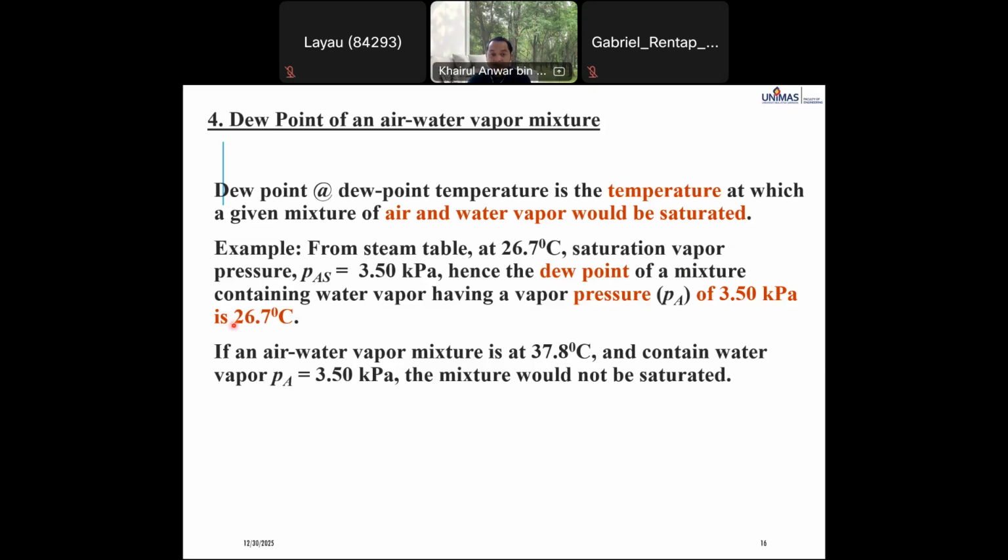Hence, the dew point of a mixture containing water vapor having a vapor pressure of 3.5 kilopascal is 26.7. So if an air-water vapor mixture is at 37.8 degrees C and contains water vapor with PA equal to 3.5 kPa, the mixture would not be saturated. It will be saturated at 26.7 degrees.